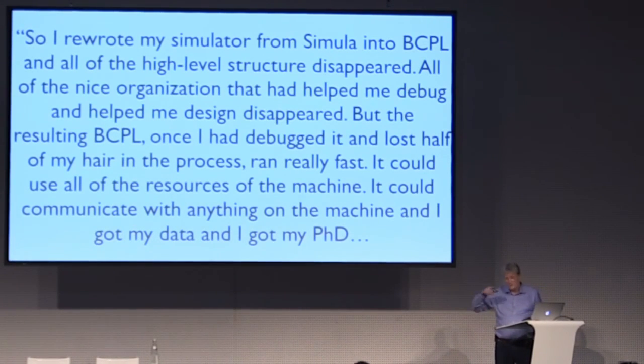BCPL was a predecessor to C. I wrote my Simula into BCPL, and all of the high-level structures disappeared. All of the nice organization that had helped me debug and helped me design disappeared. But the resulting BCPL, once I had debugged it and lost half my hair in the process, ran really fast. It could use all of the resources of the machine. It could communicate with anything on the machine, and I got my data, and I got my PhD.